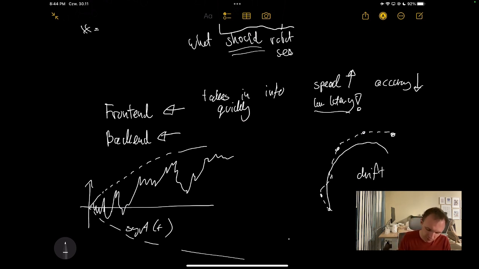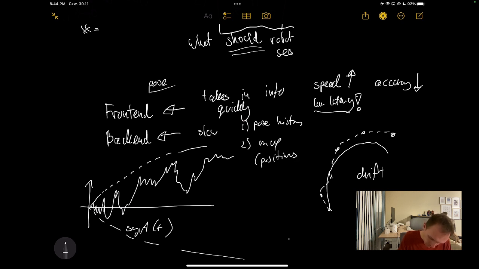The backend system is slow, or at least slower, and it treats the whole mapping problem. Where the front end focuses mostly on the pose estimation, the backend focuses on joint estimation of the history of poses, the pose history, as well as the map, so the positions of all key points.